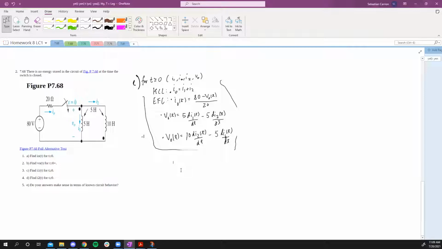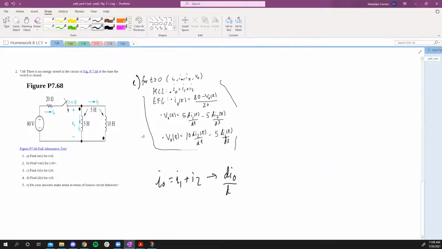So i1(t). We can go ahead and look at the KCL for this. i naught equals i1 plus i2. So if we take the derivative, we know what i naught is, right?